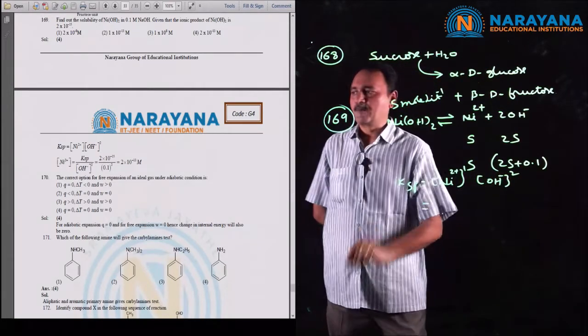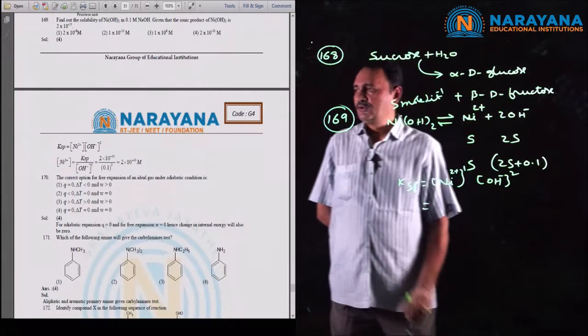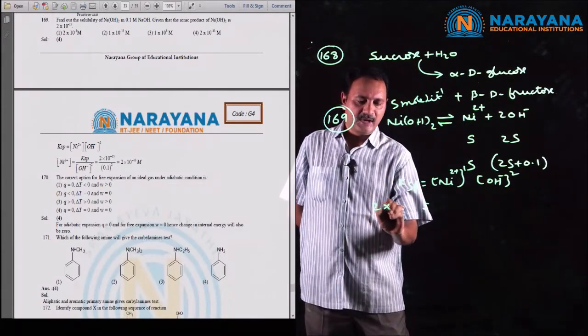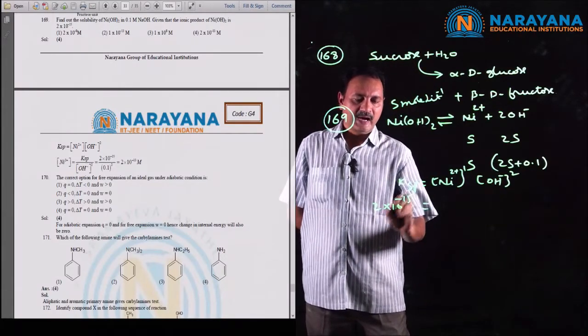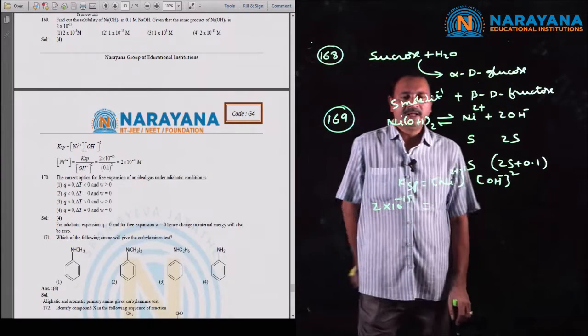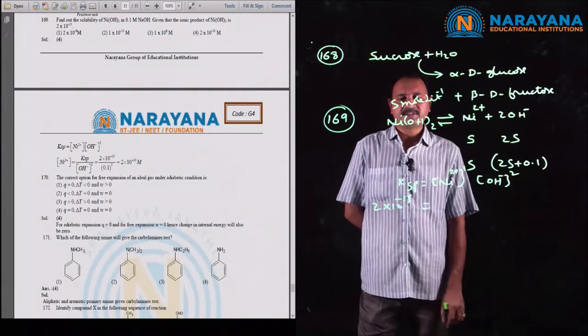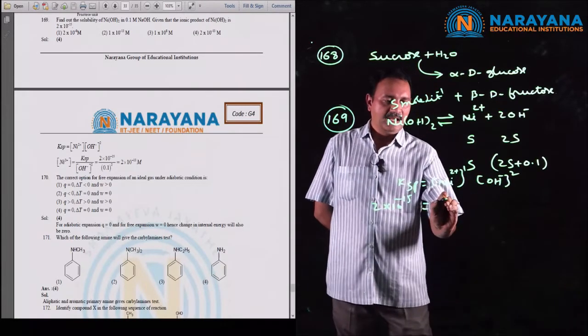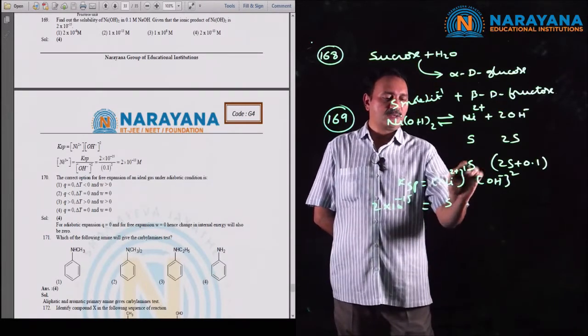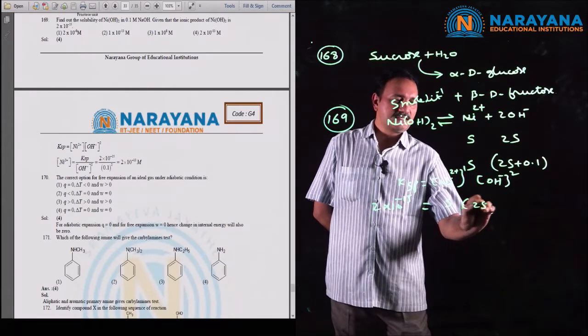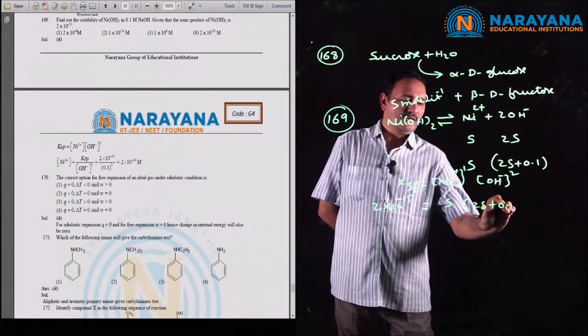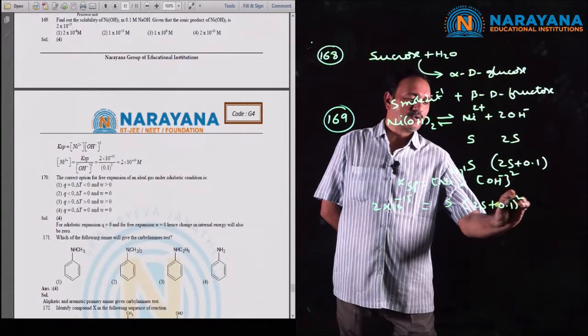The solubility product value is given as 2 into 10 power minus 15, and the value of the solubility product does not change even if the concentrations change. So the concentration of Ni2+ ion is S and the concentration of OH- ion is (2S plus 0.1) whole square.